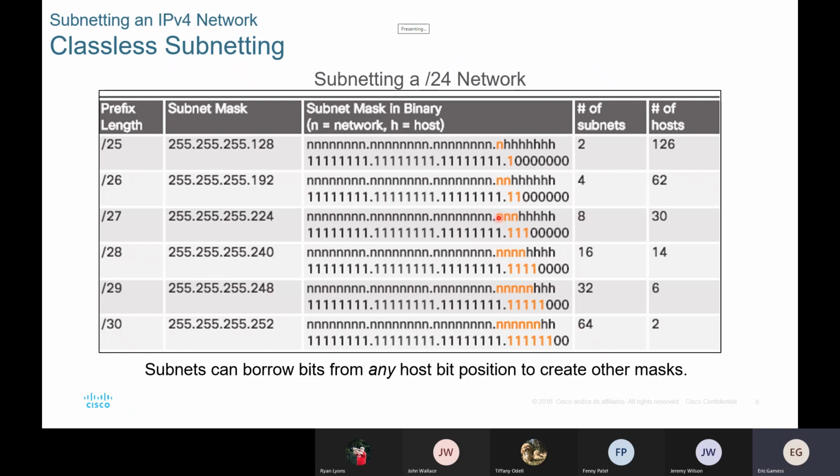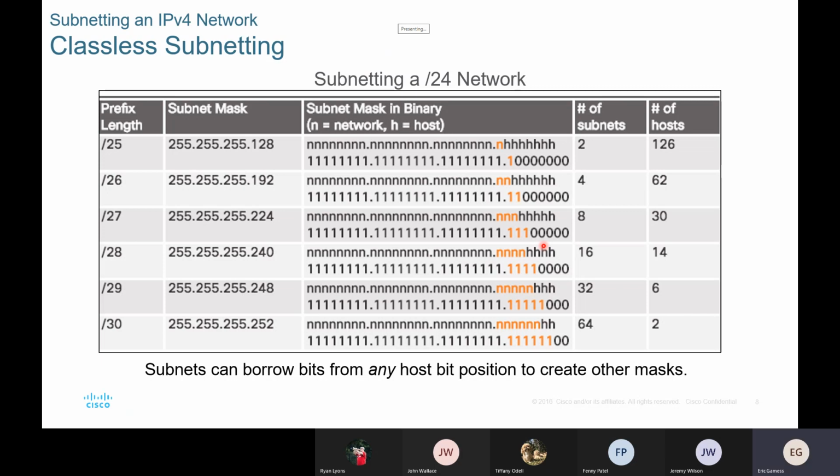With this bit, we have 2 possibilities, times 2 possibilities with this bit, times 2 possibilities with this bit. So it's 2 to the power of 3, and 2 to the power of 3 is 8 different subnets. If I create 8 different subnets, the first subnet will be subnet 000, because I have 3 bits.